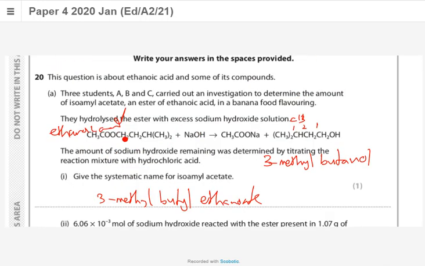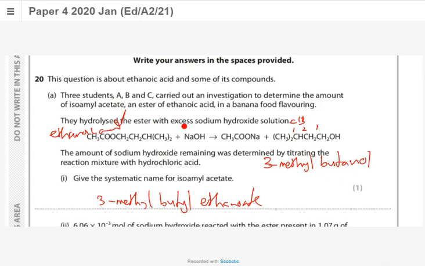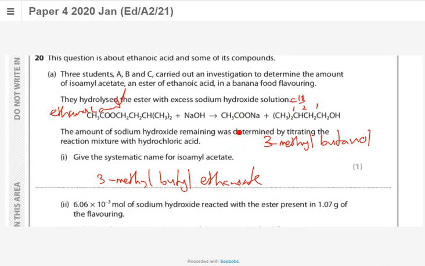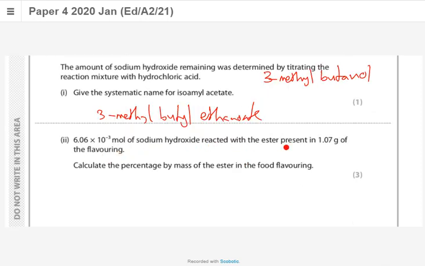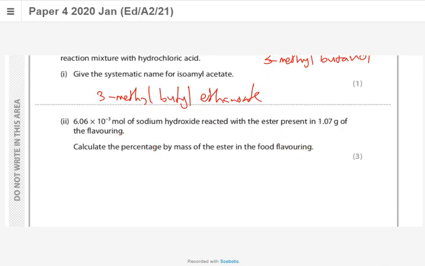Moles of sodium hydroxide equals the moles of the ester, right? So moles of the ester is already given. Moles of ester is 6.06 times 10 to the power minus 3.